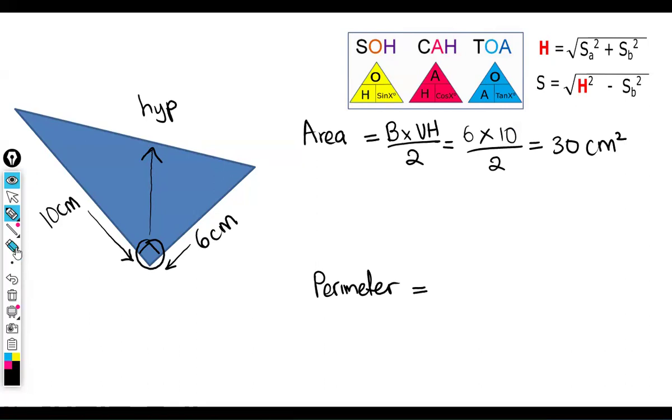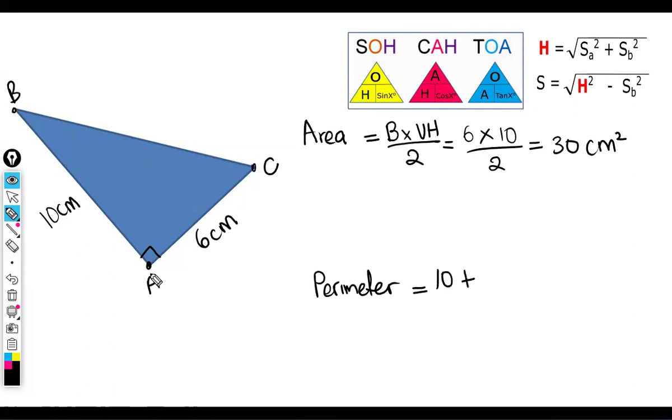However, the second part asks you to find the perimeter. Now, the perimeter is the distance around the shape. So let's call here A. Let's call this one B, and the other corner C. So we're gonna walk from A to B, B to C, and then C back to A. Now, the good news is we have the length from A to B, that's 10.